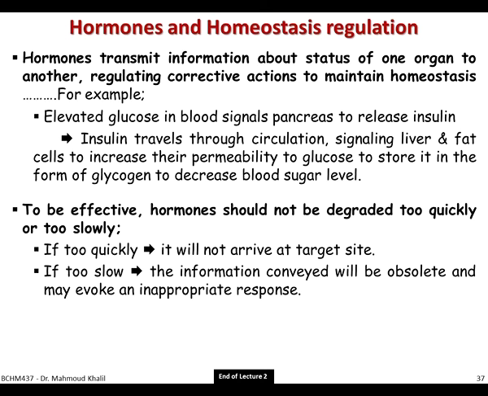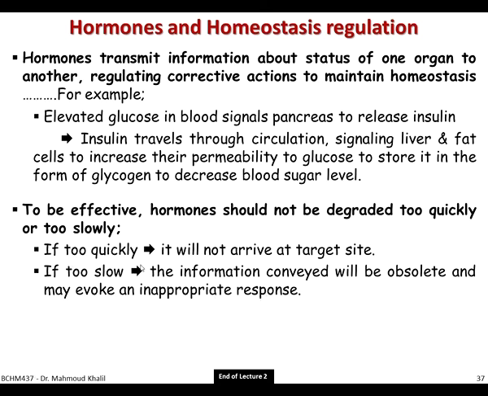As we said, it will increase the amount of glucose taken by cells. But the other way around, it will lead to inefficient storage of the glucose. So basically, it will have no function.